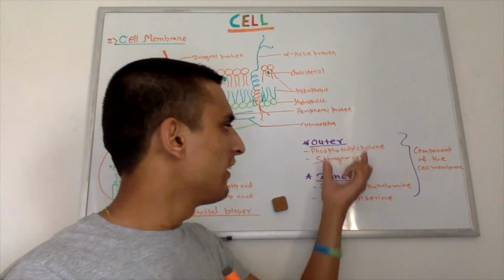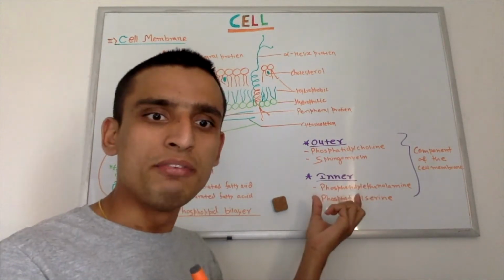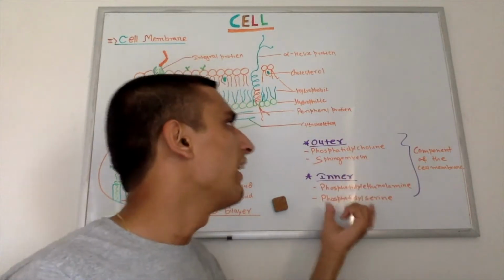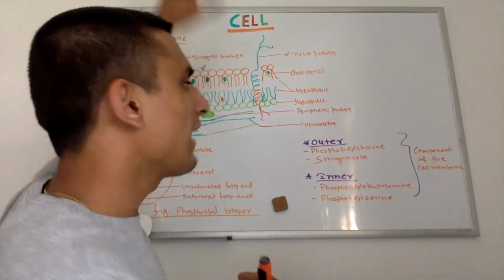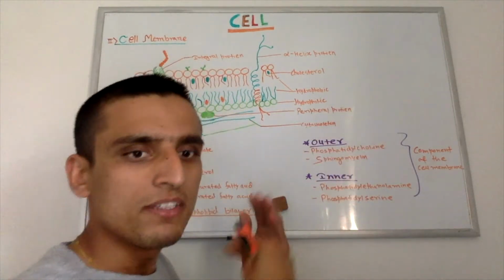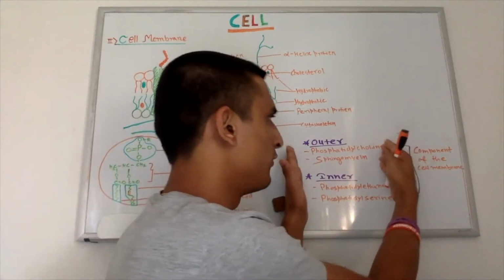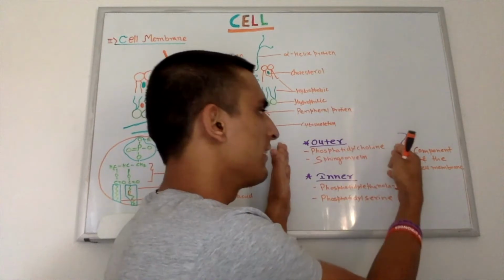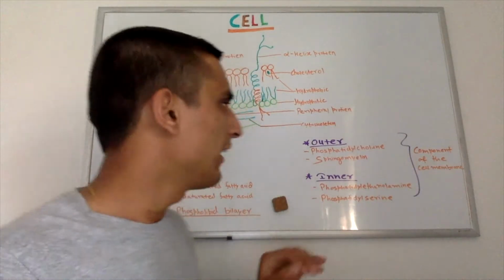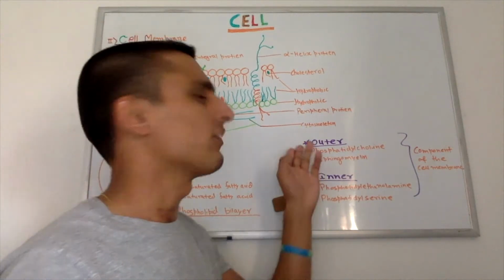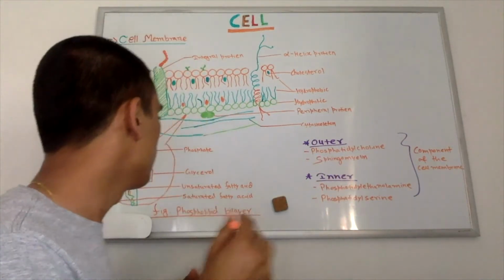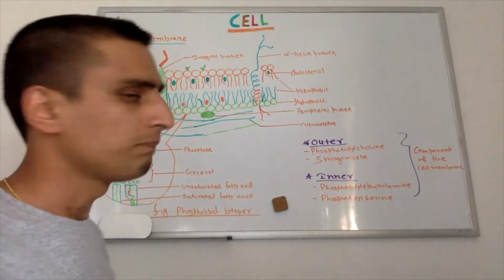You can see the names here. These are very difficult names, but what I want you to know is that these layers are slightly different due to the presence and absence of these types of components. Usually you find these in the outer layer and those in the inner layer, and you may not find these components on the inner part and those on the outer part. That's the main thing we need to understand here.